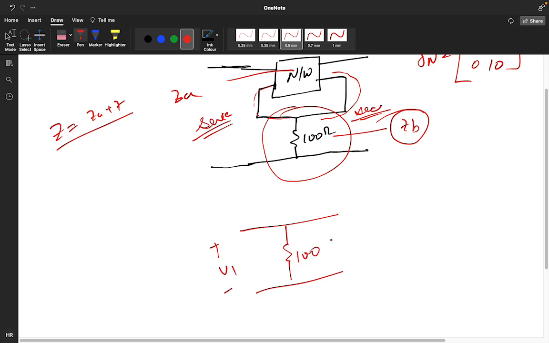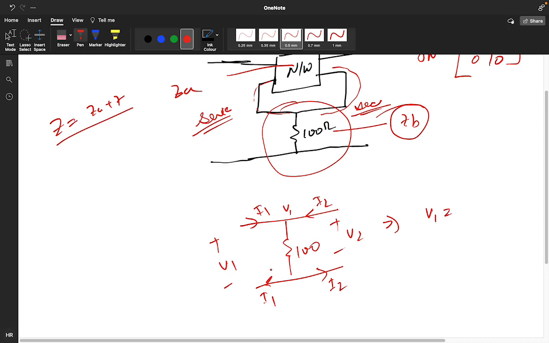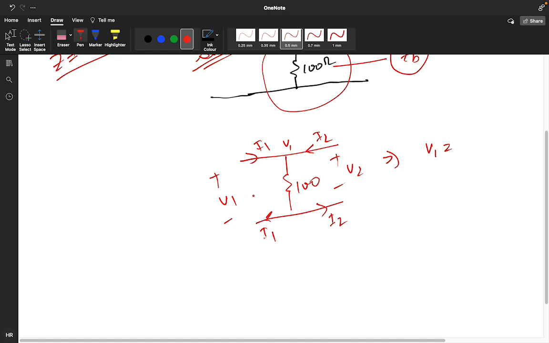Assume this as V1, assume this as V2. Suppose I1 current is entering, I1 current is leaving, I2 current is entering, and I2 current is leaving. So what will be the equation? V1 is equal to, we can apply the KVL.